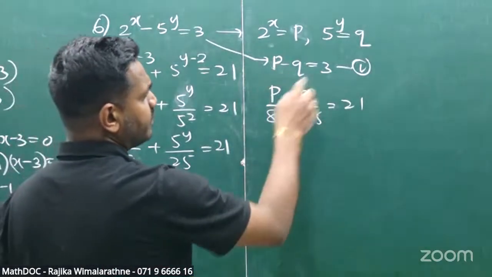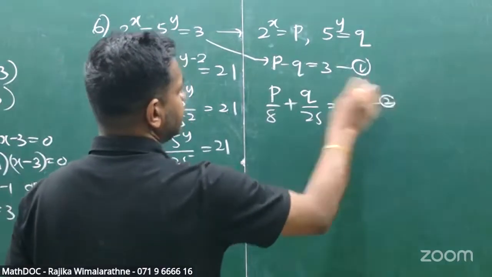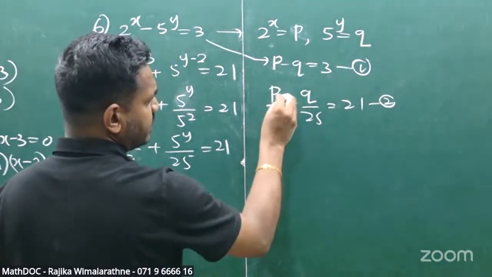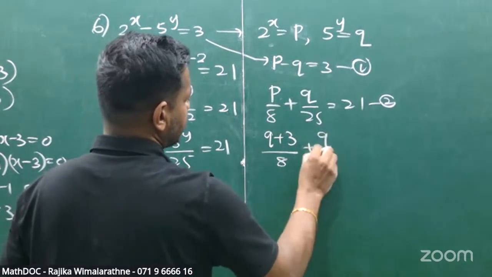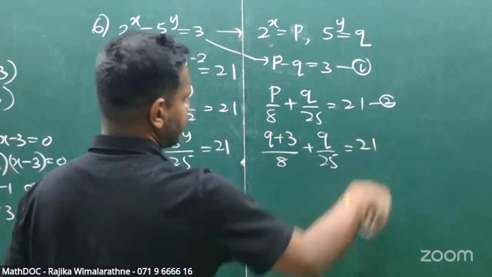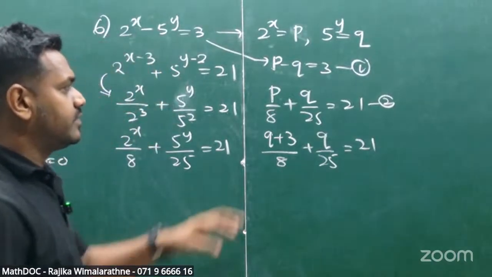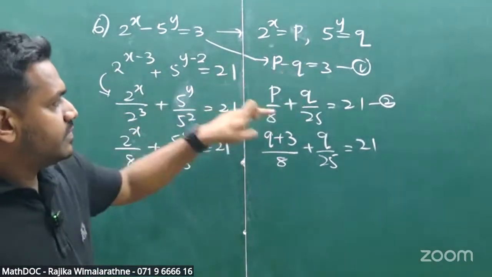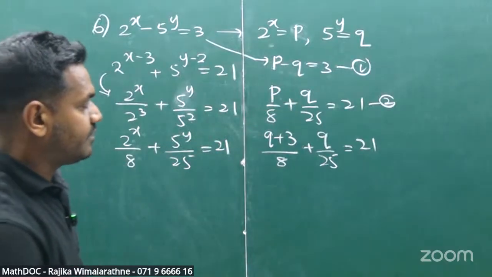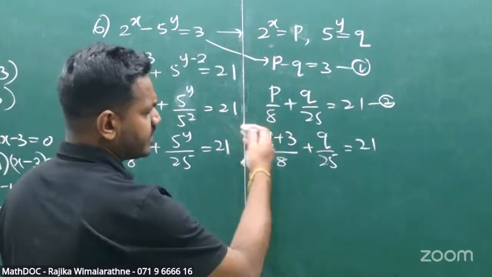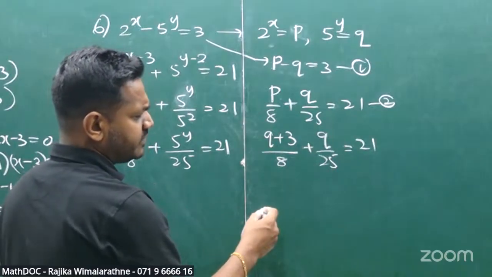Then p equals q plus 3, from the first one. Put it in the second one, and now you can simplify.